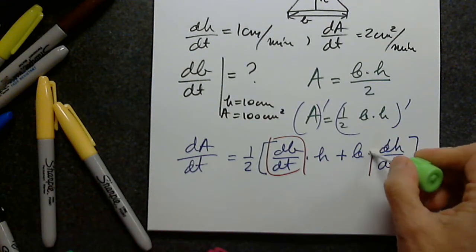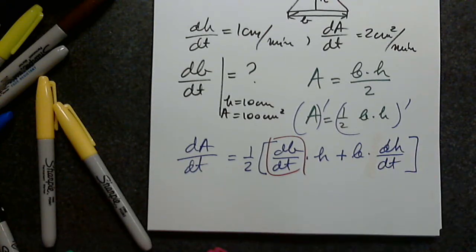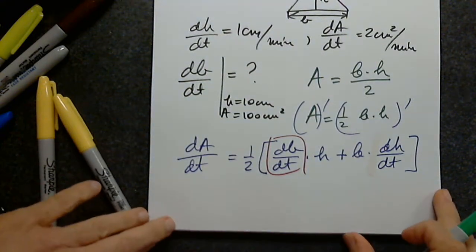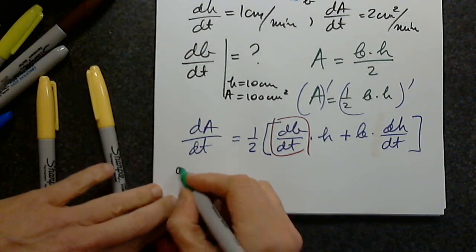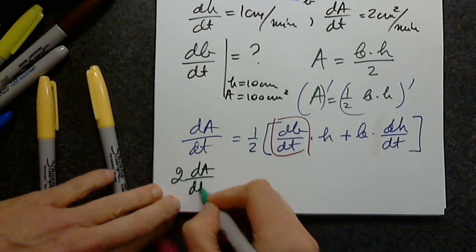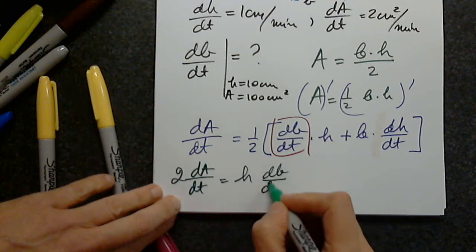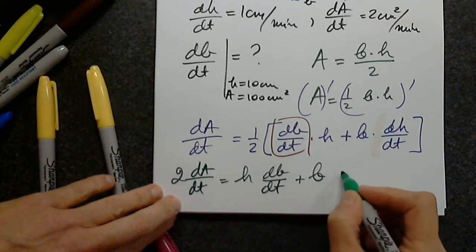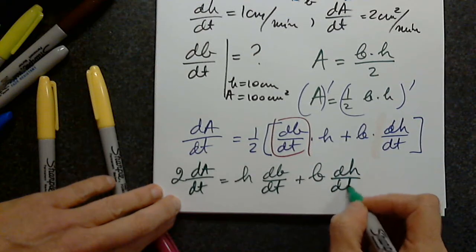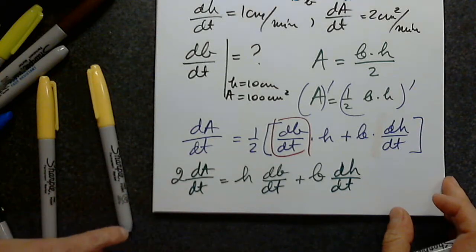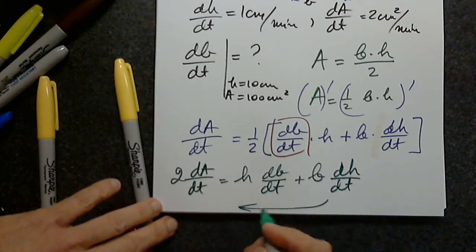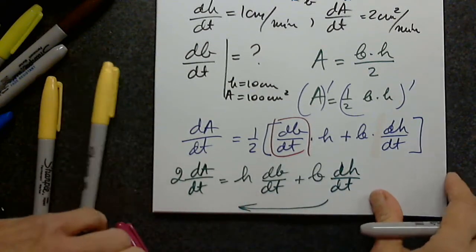And then I will move this term to the other side and divide everything by h. So first let's multiply everything by 2. So 2 dA over dt equals h dB over dt plus b dH over dt. I will move this term and divide everything by h.